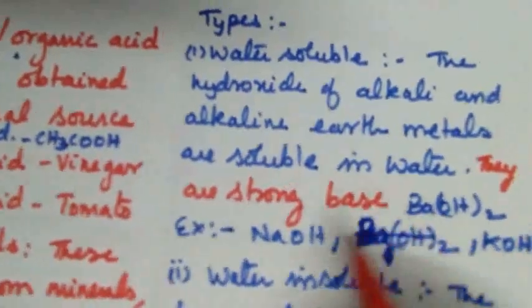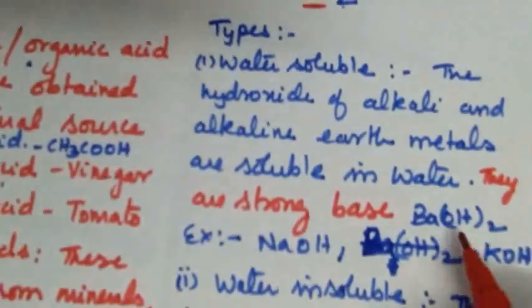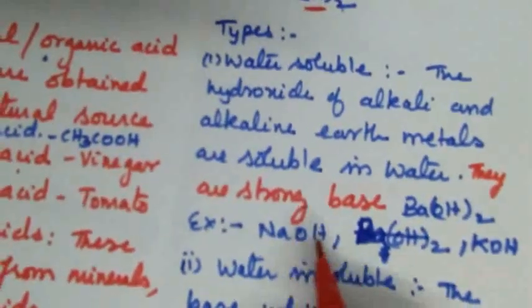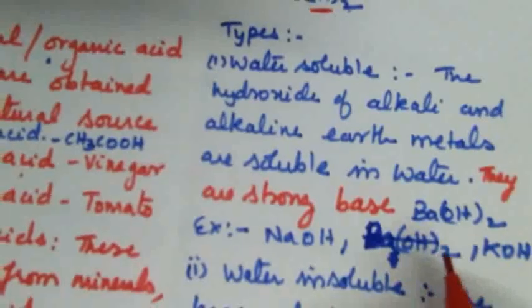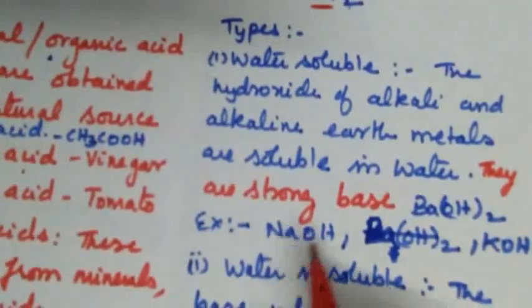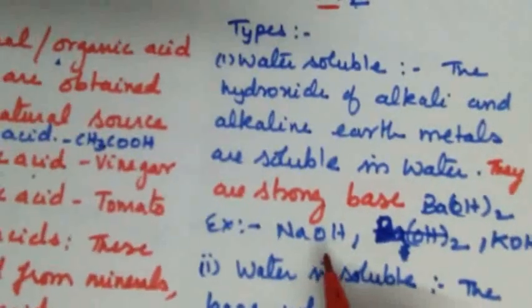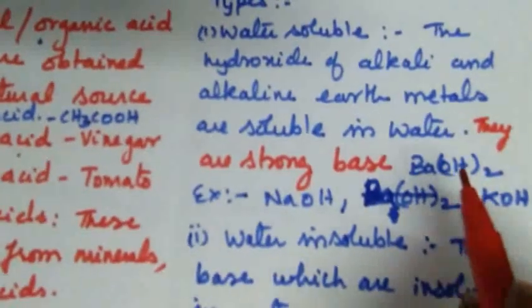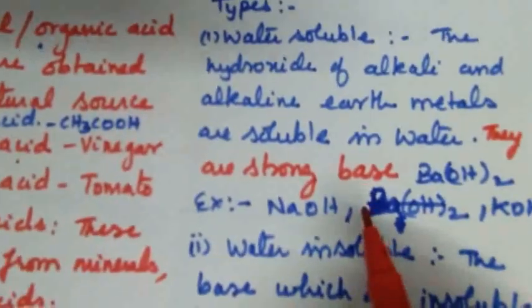Here we have sodium hydroxide, barium hydroxide, KOH. Bases with alkali metals are strong bases. Sodium is an alkali metal. Potassium hydroxide, barium hydroxide, all these are strong bases.